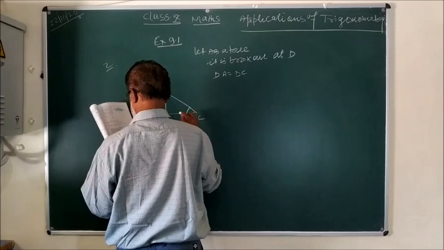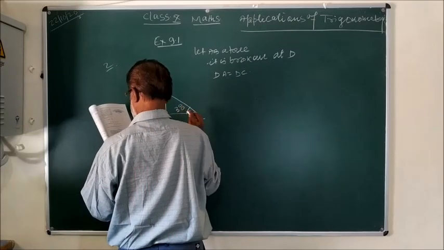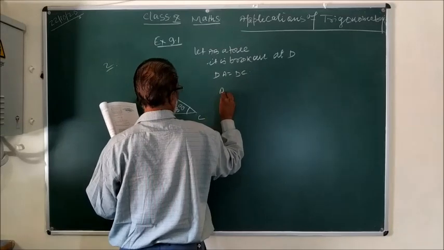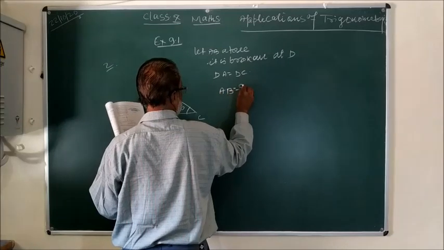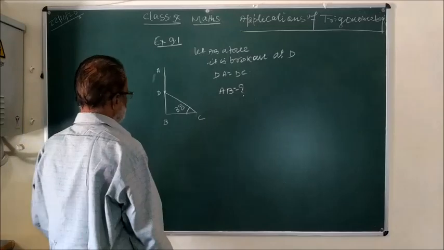This angle is 30 degrees. This is the question, and now you have to find the height of the tree. Height of tree means AB. So this is the figure according to the question.